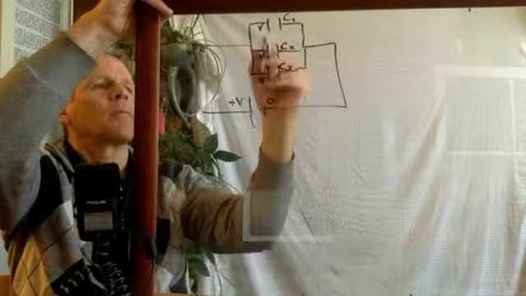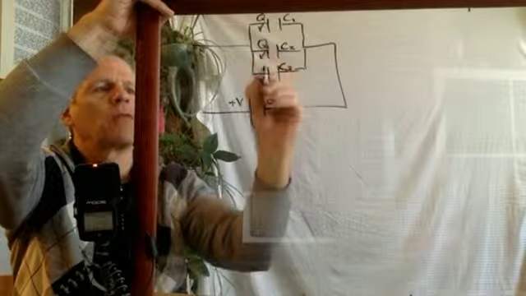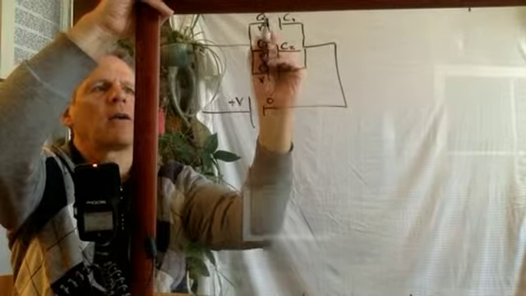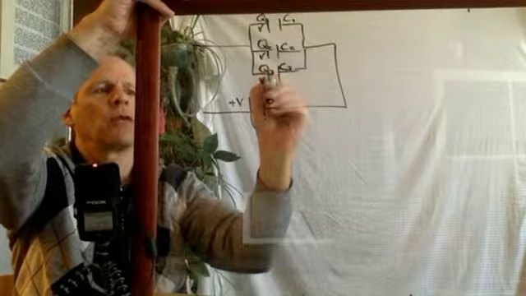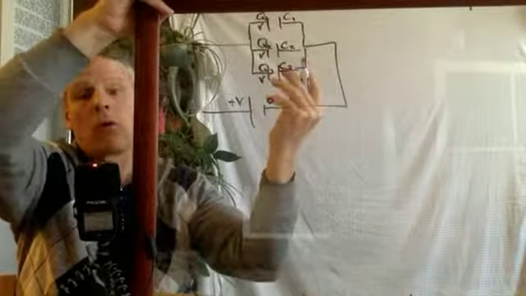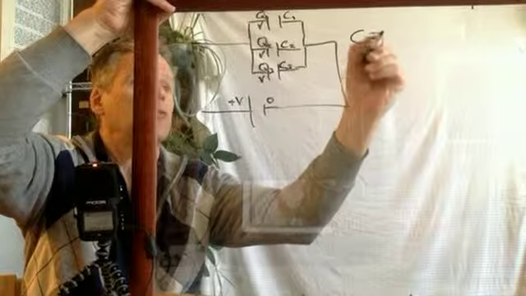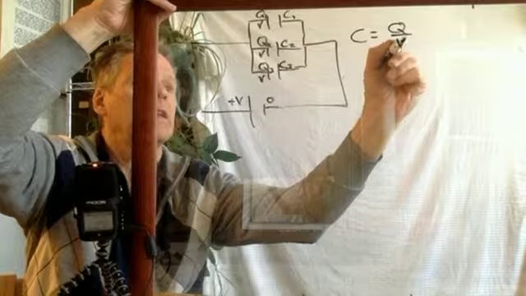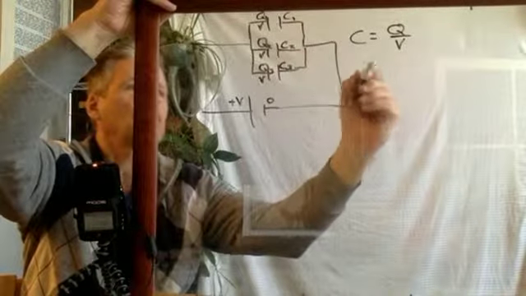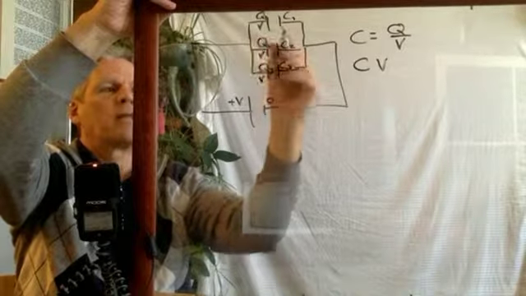Okay, so what Q is on each of these? We just have some Q on each of these. I'll go ahead and label it Q1, Q2, Q3. Doesn't matter that much. But okay, so what's the Q? Well, we know the definition of capacitance is just C equals Q over V, and so if we want to know what charge this is, it's just CV. So what is the C here?